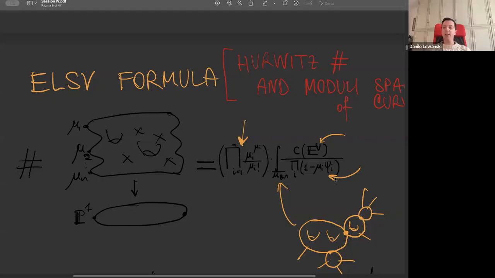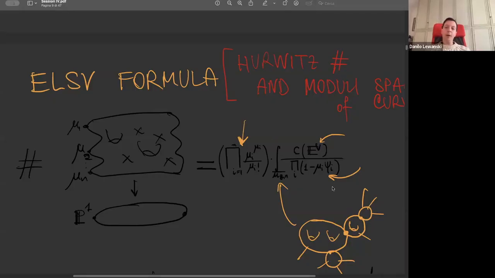So polynomials in the mu i's, very clearly polynomials of degree 3g minus 3 plus n. And here you have the total Chern class of the dual of the Hodge bundle. So this is exactly what we called before big lambda of minus 1. So here you really have 1 minus lambda 1 plus lambda 2 minus lambda 3, and so on, up to minus 1 to the power g times lambda g.